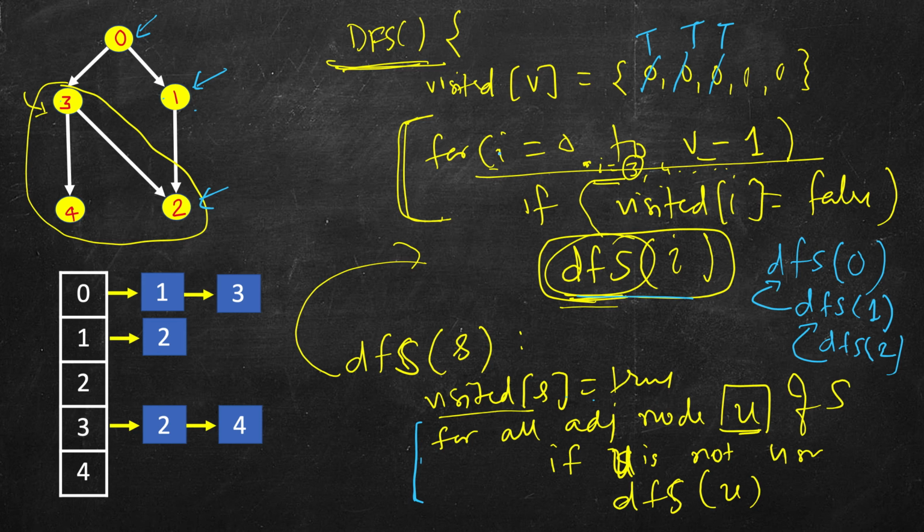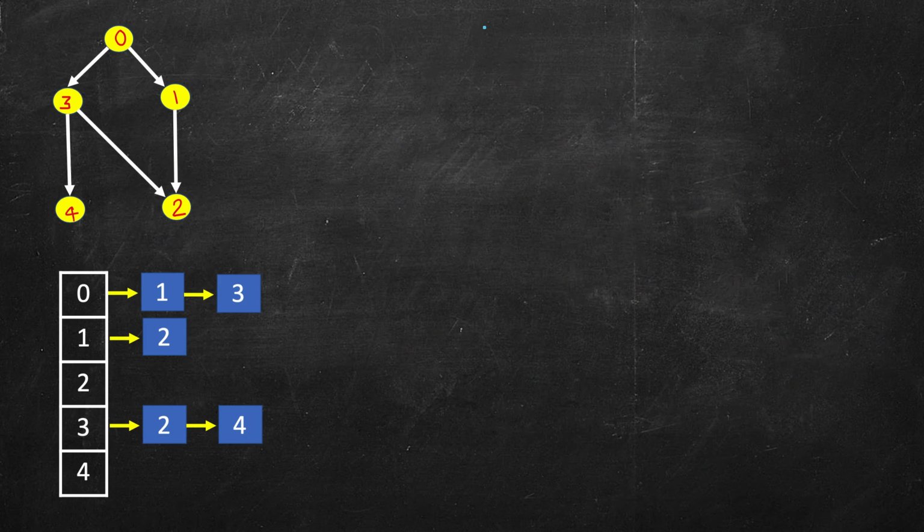And then here in the 0, we had called this one. So first neighbor was 1. So we came here. Next is 3. So this will end this thing. Let me write here again. So we called DFS 0.